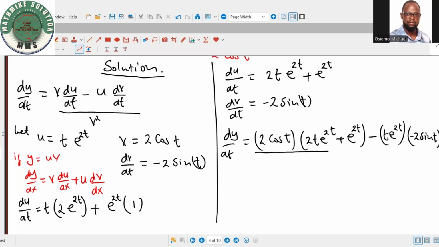And all this is over v squared, which is 2 cos t, and all of it squared.